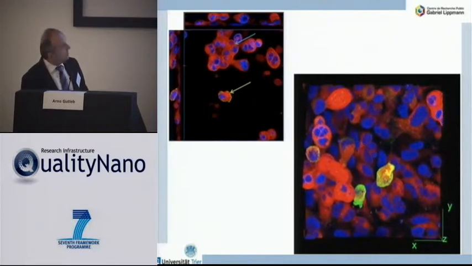What we also saw is here, this is a colony of the mast cells, and in green stained you have macrophages. So you see that the macrophages start to invade the other cell types.